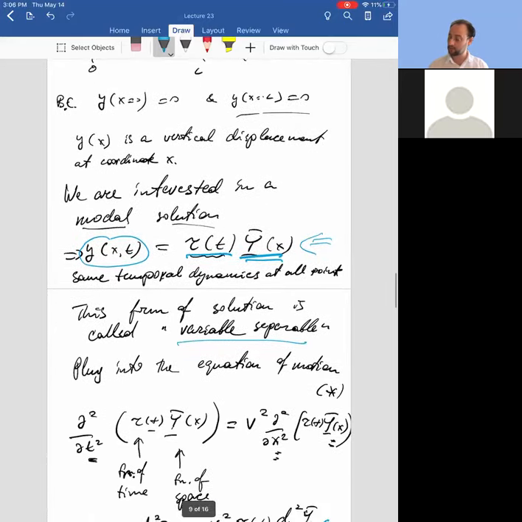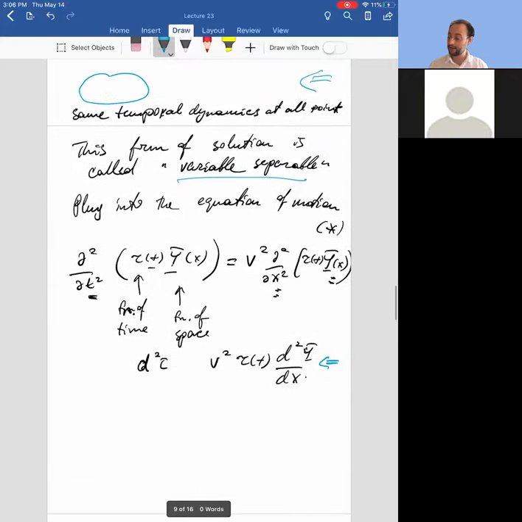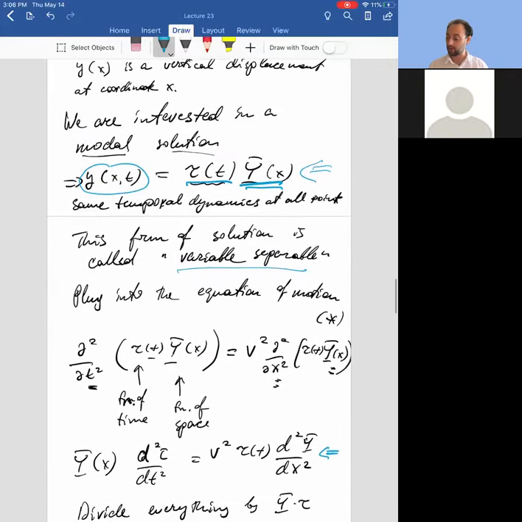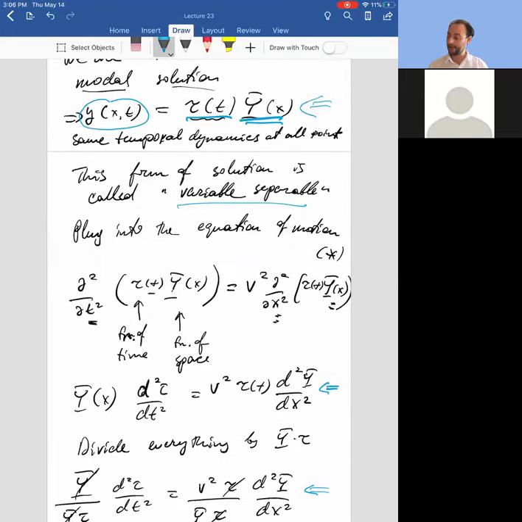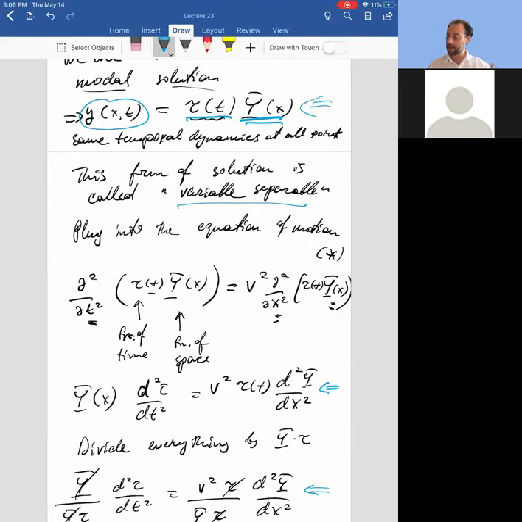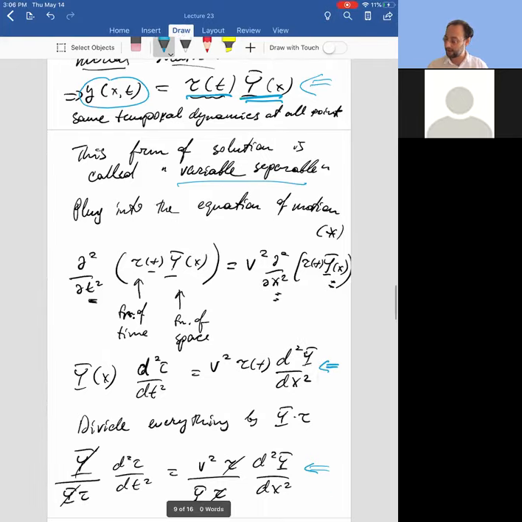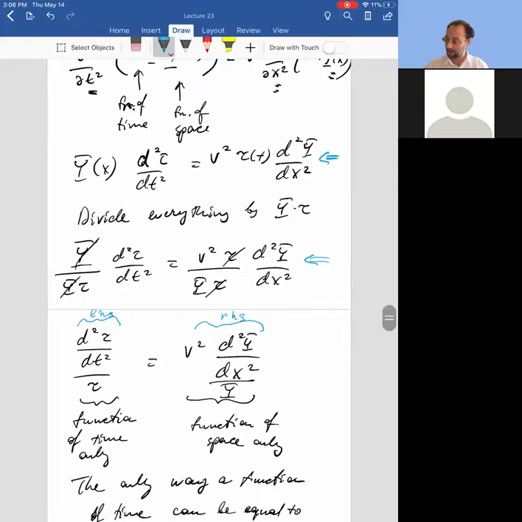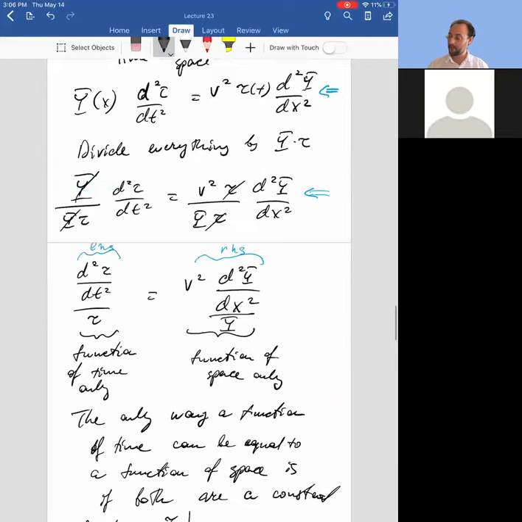And then the rest was to just plug it in. This procedure is called separation of variables. We plug this variable-separable form into the equation of motion, the wave equation, and then we just do algebra. I think I may have left off last time at the last step, where I took the derivatives and divided the whole equation by y times tau.